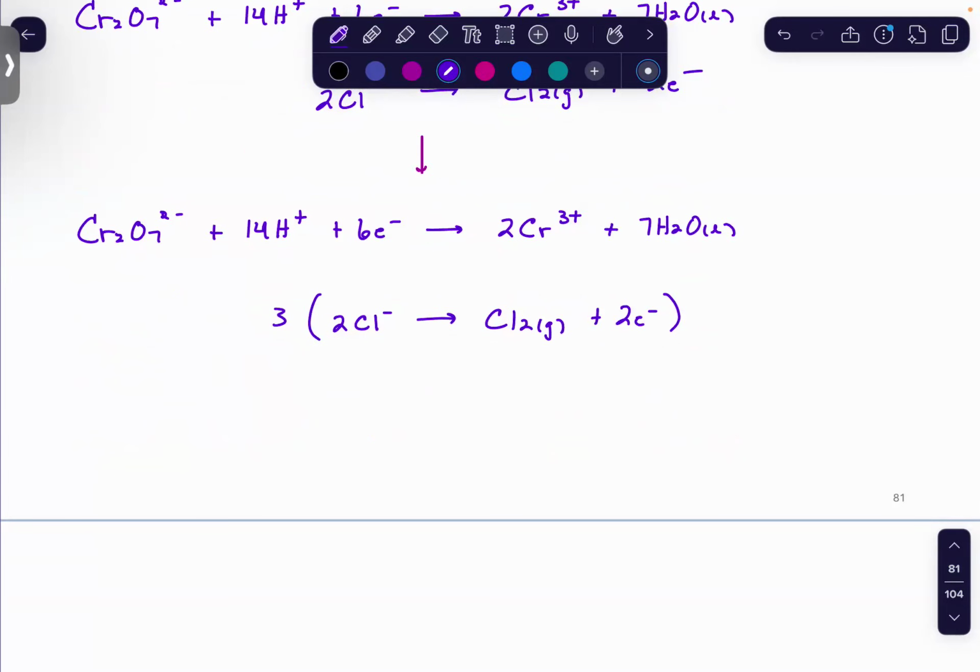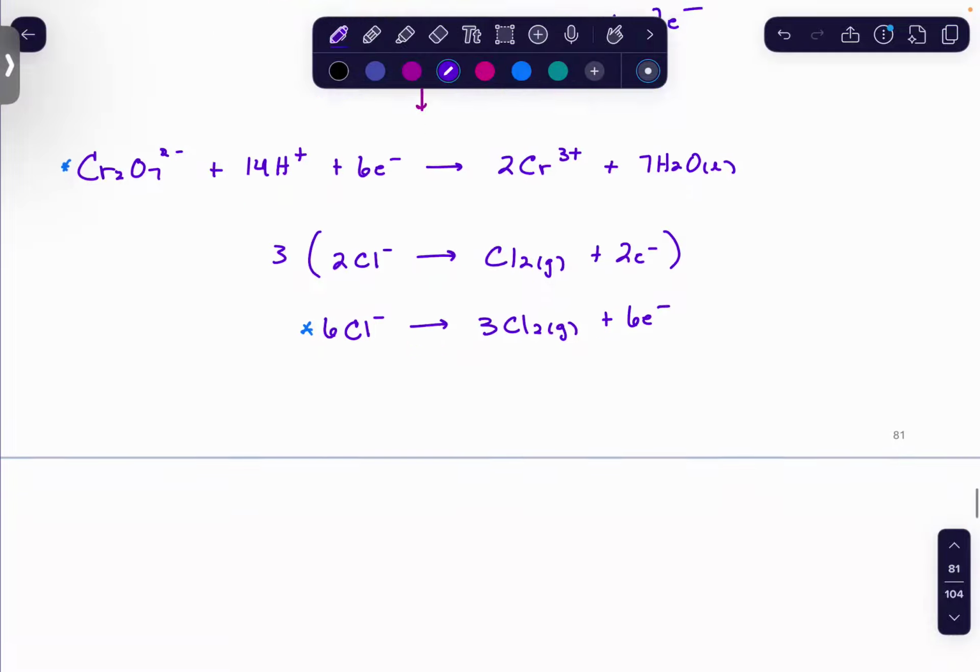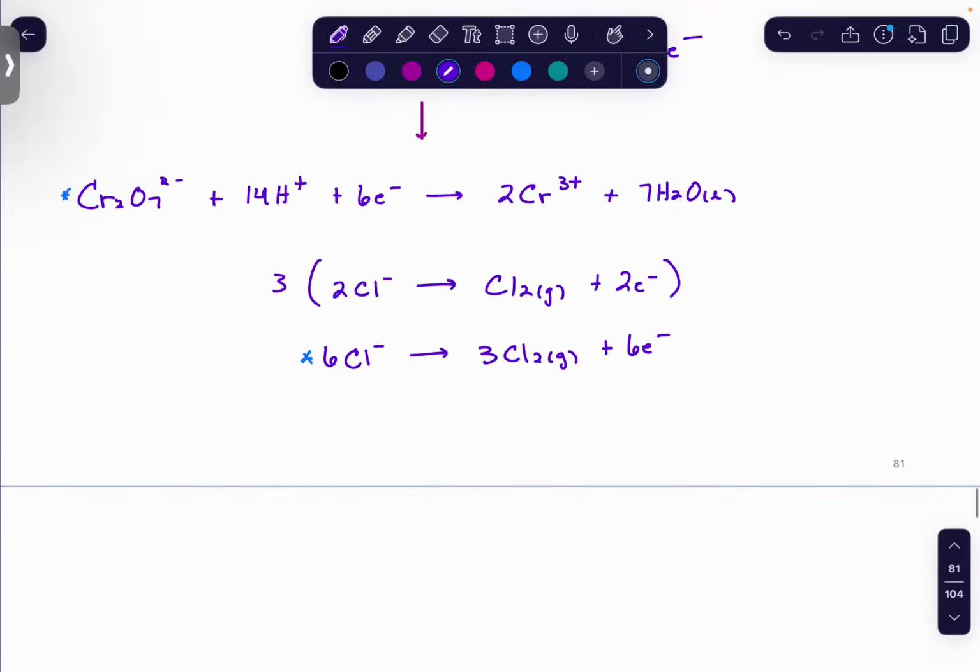That's going to end up giving 6 chlorides, 3 chlorine gas molecules, and 6 electrons. So now I'm going to add this half reaction to this half reaction to get my overall reaction. Alrighty.